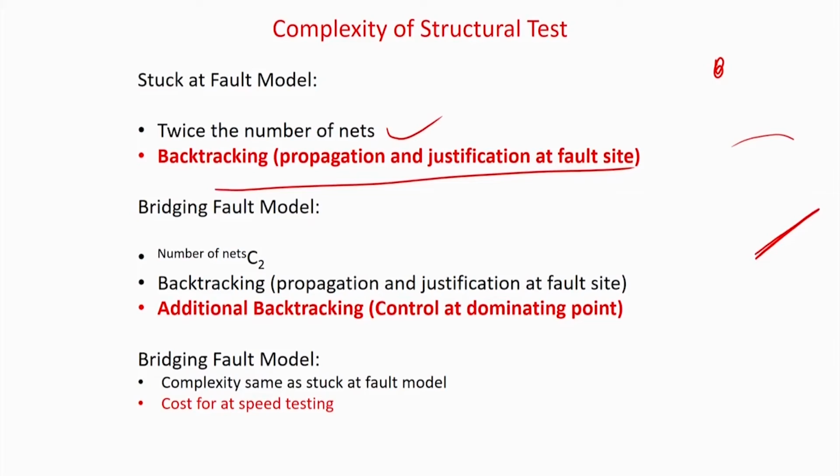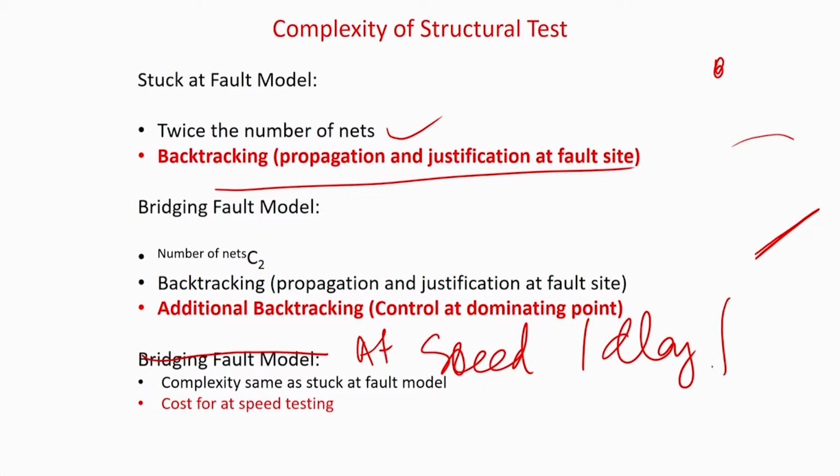Also, sorry, we have seen this about the at-speed test model, so pardon, it is about the delay fault. In fact, the delay fault is very similar to the stuck-at fault in complexity, because in one line you just have to find out whether it rises properly or falls properly.